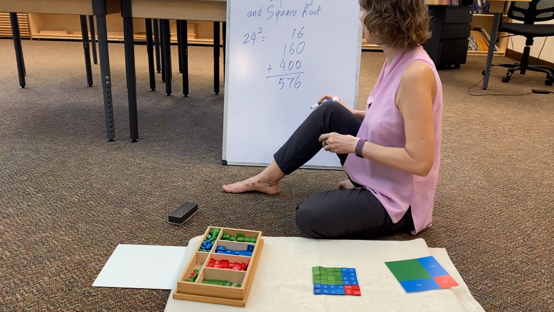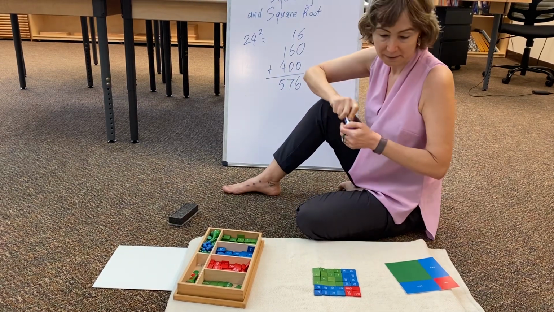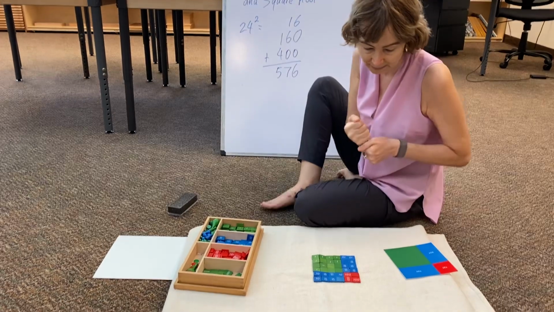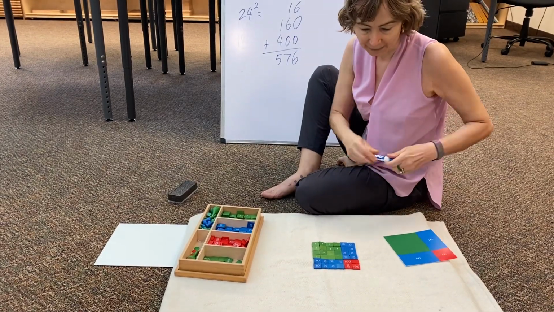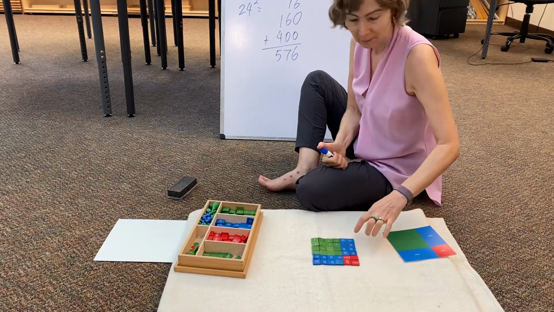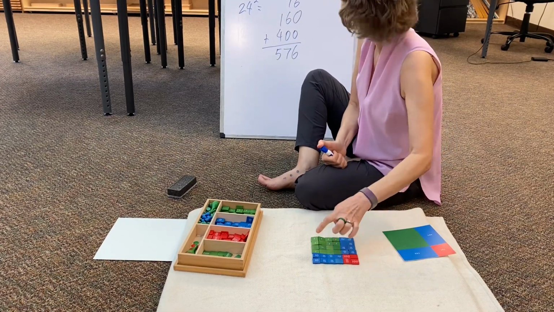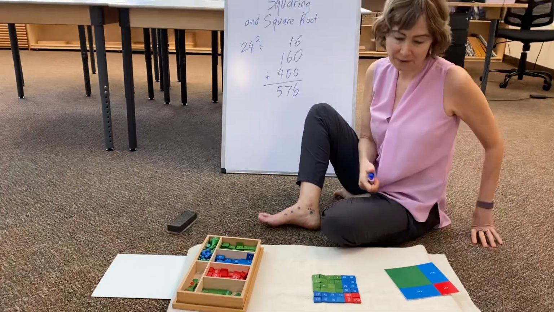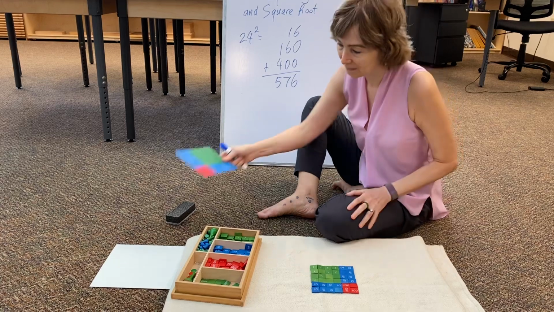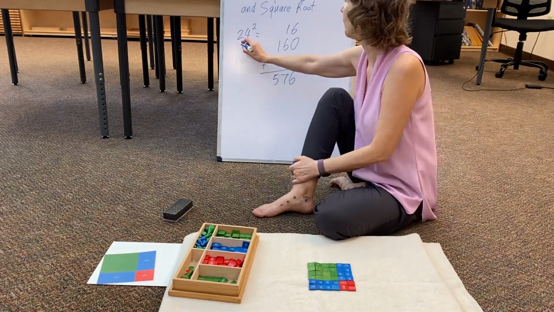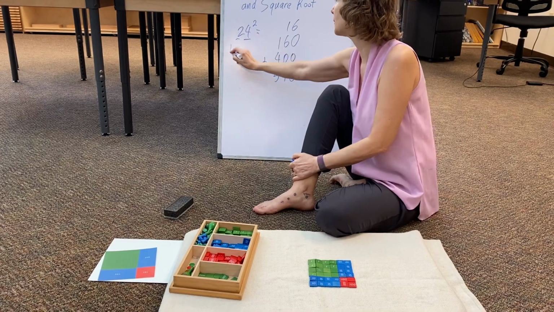So it adds up to 576. The square of 24 is 576. If you want to count it, 400, and that is 560, and then 16 more is 576. This was the squaring of a binomial, a two-digit number.